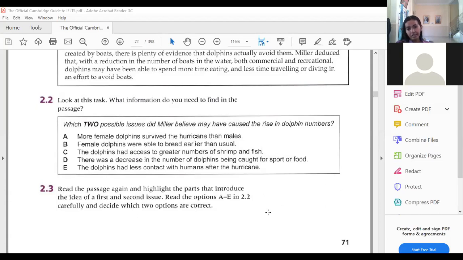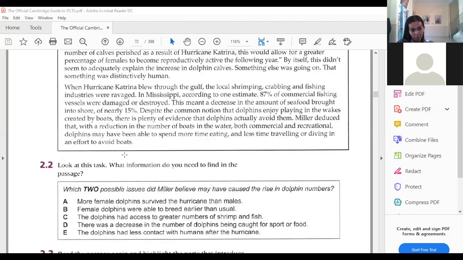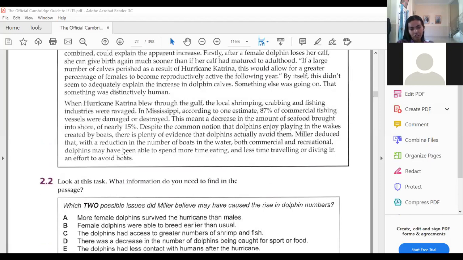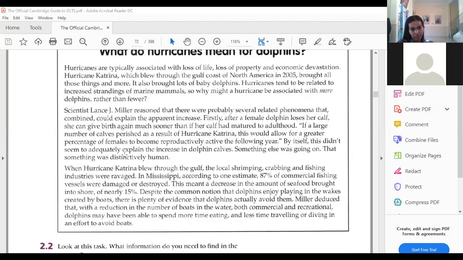We cannot get any information if we just skim. Thank you, that's why I asked. When you skim for once, you cannot answer the questions because it's too quick. But when you see the questions first, you can go back and read through the text again. So what might be the answers? Remember, issues that cause the rise in dolphin numbers. Where can you find that?